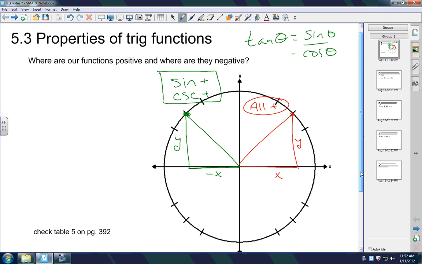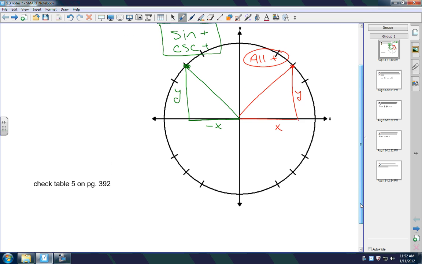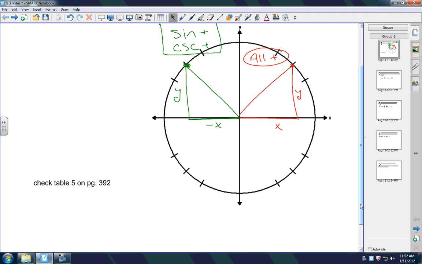If we move to quadrant 3 now, and we put something in here, let's go with 45 again. We draw our triangle in here. Let's get rid of these 2. Okay, again, in quadrant 3, you still have a negative x value.